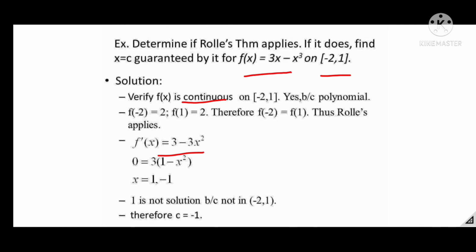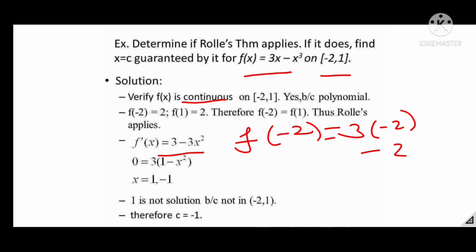Now check the third condition for Rolle's theorem, that is f(a), that is f(-2), is equal to 3 multiplied by -2 minus (-2) whole cube. By putting x is equal to -2 in this expression, we get f(-2) is equal to 2. Similarly, f(1) is also equal to 2 by putting x is equal to 1 in this expression.